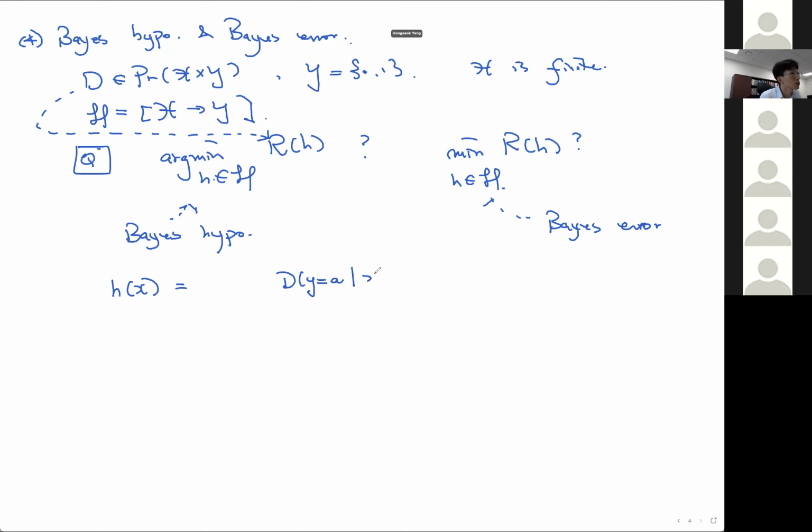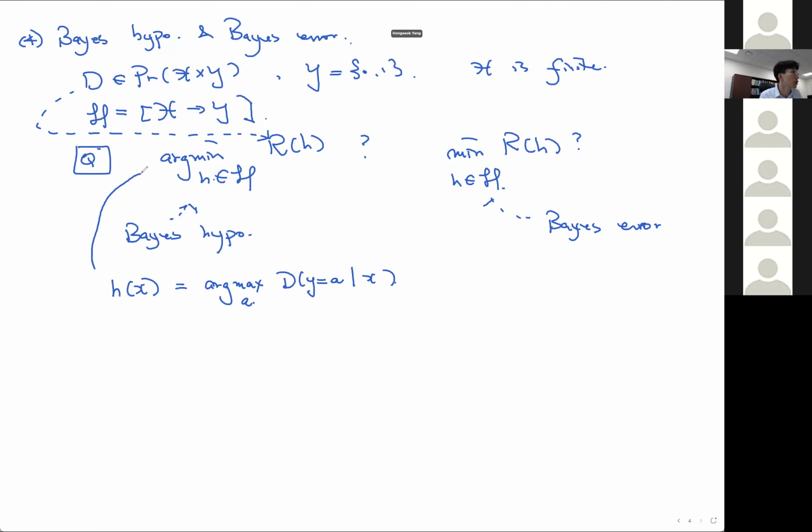It's finite, so Y is either 0 or 1, and the conditional probability can be computed quite easily. So we compute the conditional probability and return the A that maximizes this conditional probability. And that's called the Bayes hypothesis. It's a function that takes input X, computes the conditional probability, and returns an output which maximizes it.